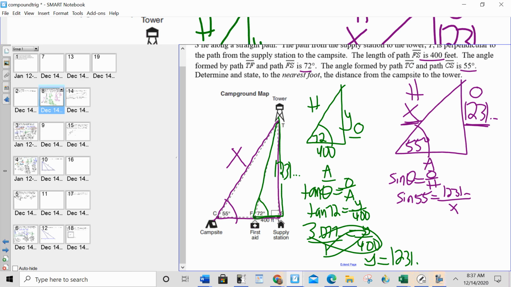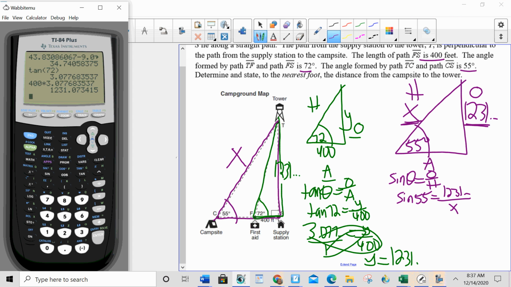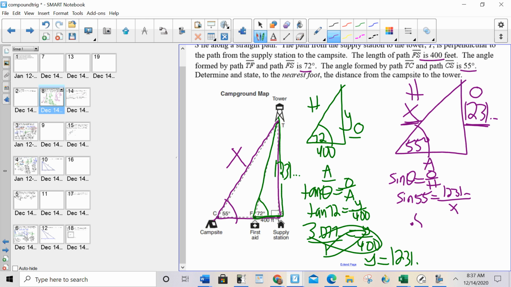Sine of 55. Sine 55 is 0.8191. A lot of dots going on here. Cross multiply and solve. I'm running out of space. 0.8191 times x equals 1231.